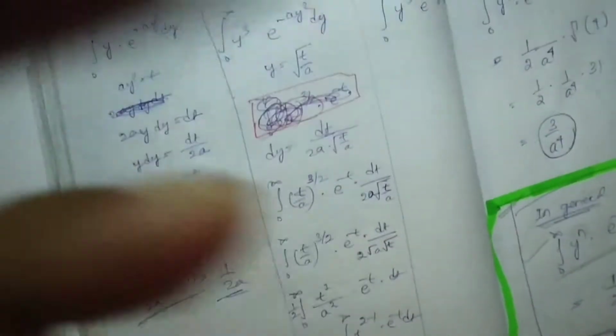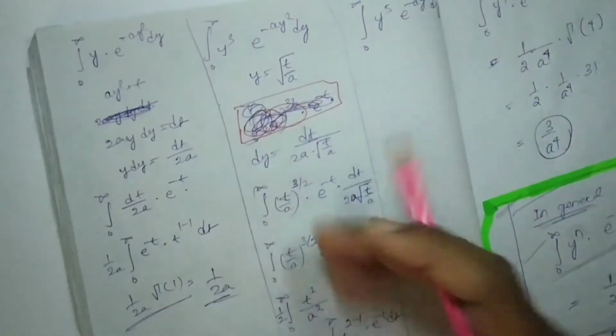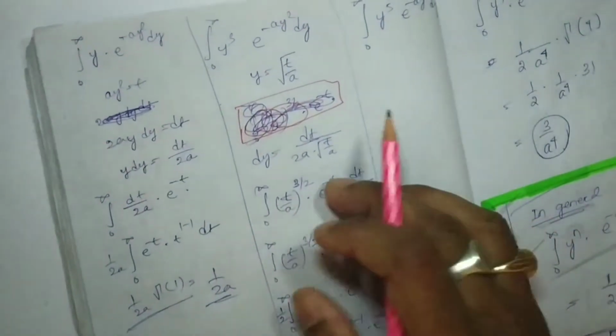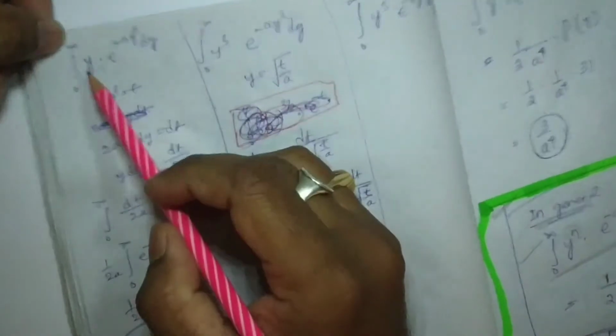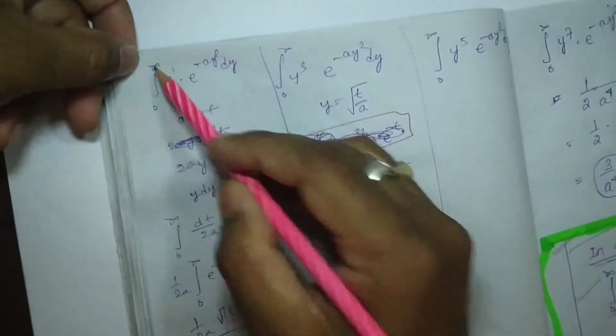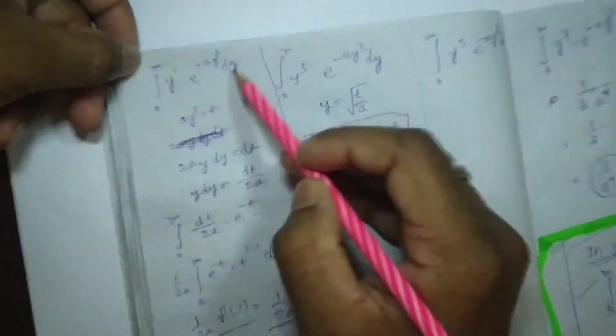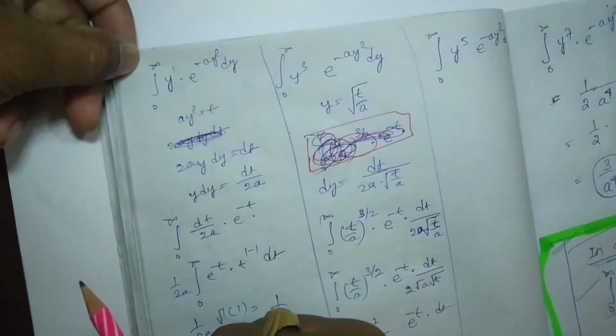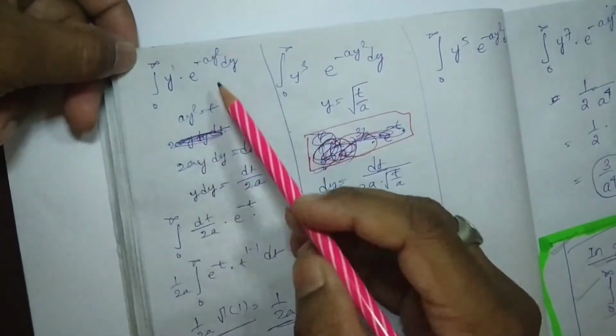See, here I did it roughly, you have to write it in your notes perfectly. Okay, see, first we have to consider y to the power 1, 0 to infinity into e to the minus a y square dy, by using the gamma function.